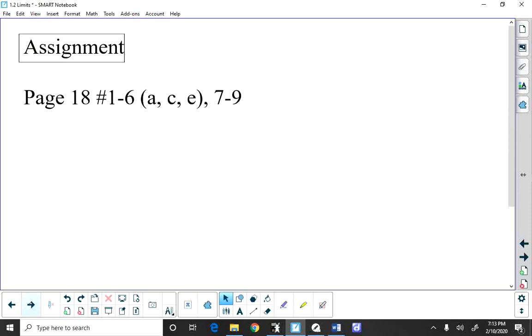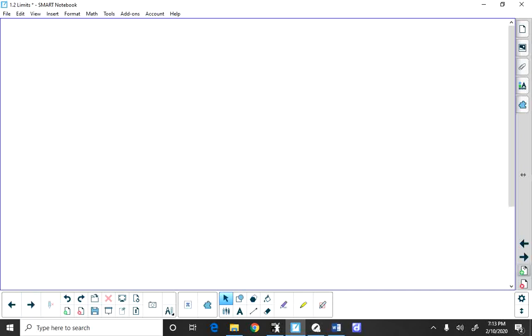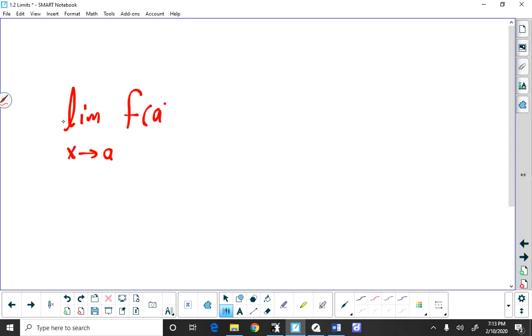But the bottom line, everybody, is you have this strategy. Let me just take 1 minute to explain this strategy. When you're asked to find the limit as x approaches some number of a function, which is f of x, your first line of attack is to ask yourself what f of a is equal to.